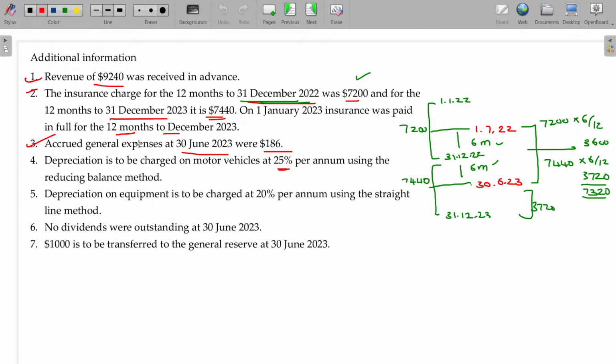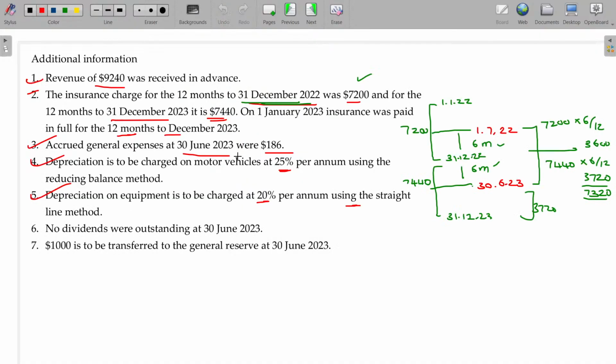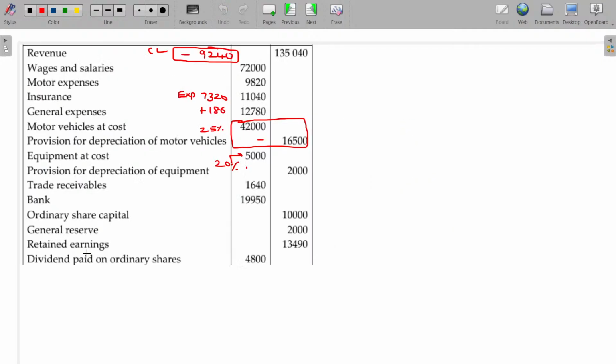Depreciation on equipment is to be charged at the rate of 20% using the straight line method, 20% on this value for equipment. No dividends were outstanding. 1,000 to be transferred to GR, retained earnings to GR being $1,000.